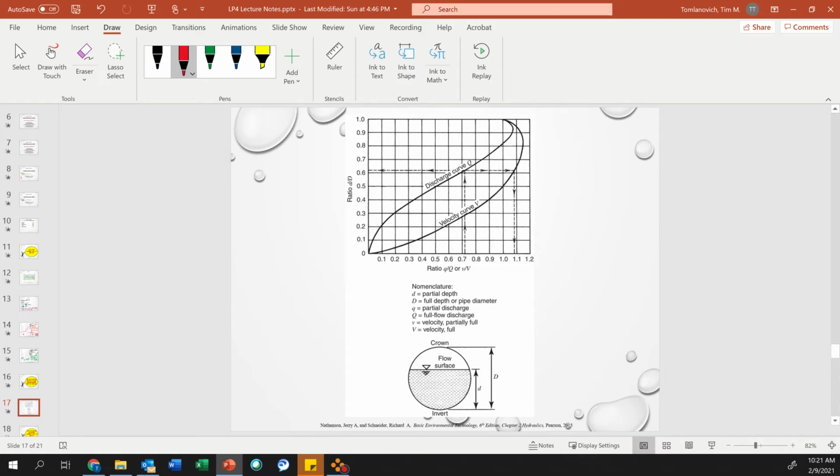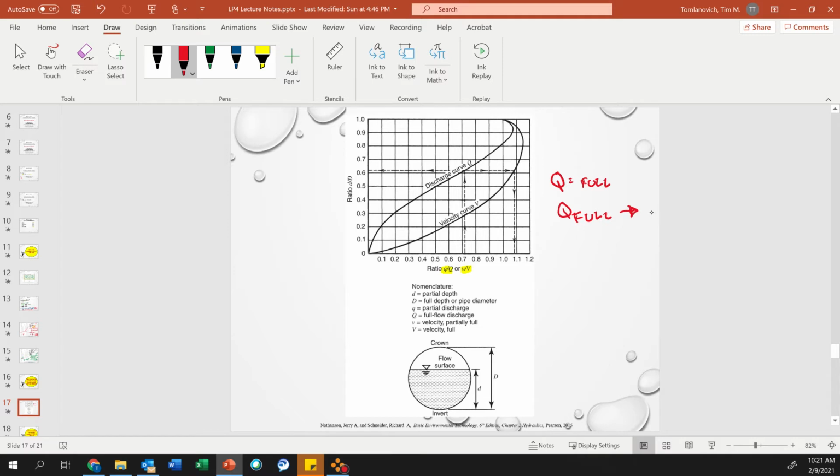The key to this chart is that we have a ratio, little q over big Q or little v over big V. No matter what, big Q equals full. So the first thing you need to do to use this chart is find Q full, and you can do that using Manning's equation.